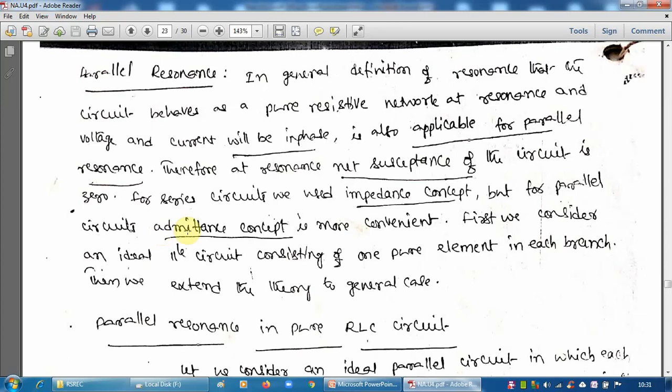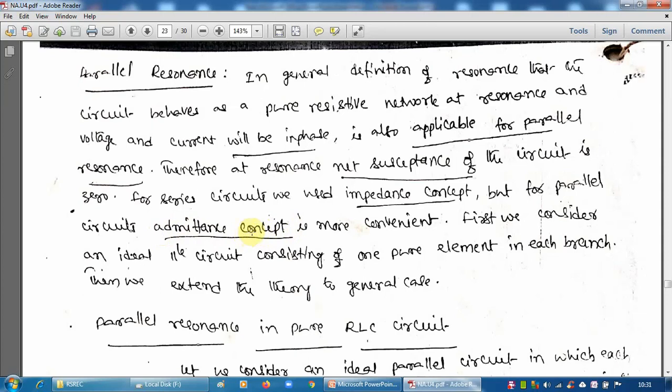Why? Because it is somewhat convenient for a parallel circuit to deal with admittances rather than impedances. The circuit will get simplified for explanation and also for problem solving. So that is the reason why we consider the admittance.